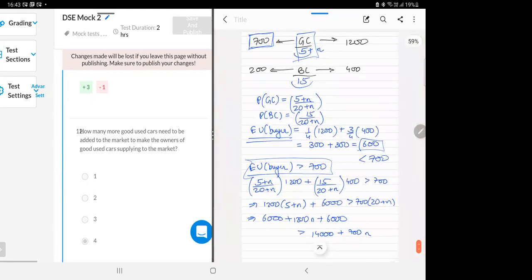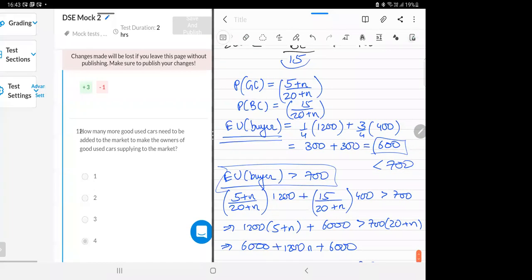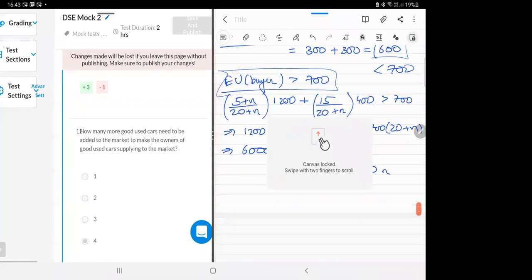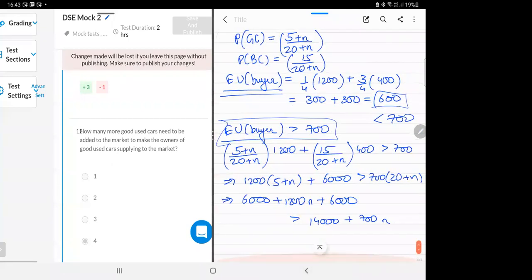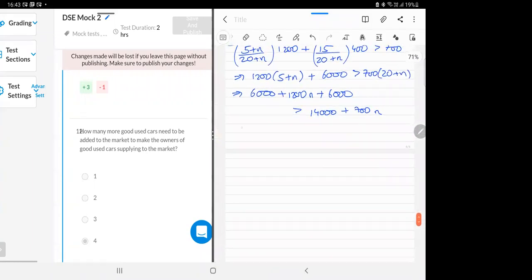So this implies what? This implies that 12,000 plus 500n should be greater than 14,000, which implies n must be greater than 4.